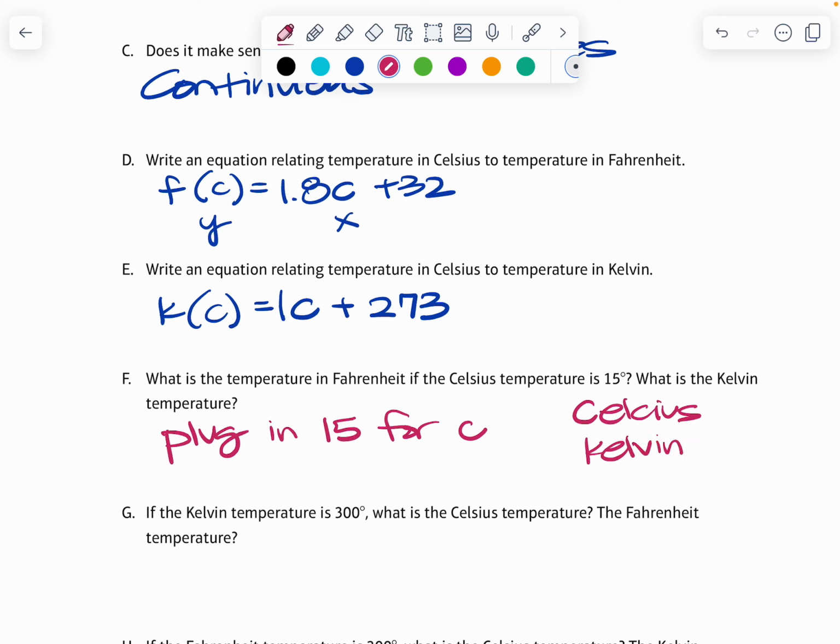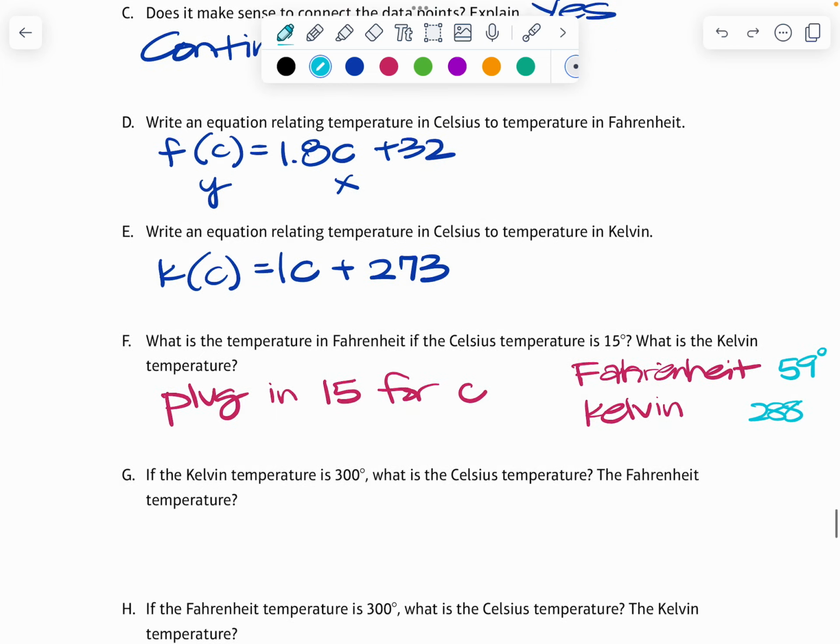Oh, I feel like that first one should be Fahrenheit. Sorry about that. Be nice if I could spell it too. Okay, Fahrenheit. Good. If you did it correctly, you should end up with 59 degrees and 288. Woo!